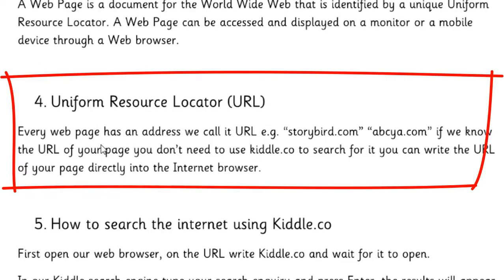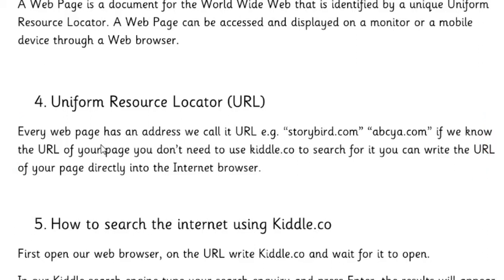Uniform Resource Locator, or URL. Every web page has an address. We call it URL. Example, storybird.com. This is a URL. abcya.com. This is another URL. google.com.